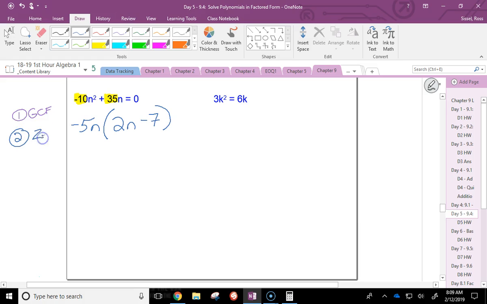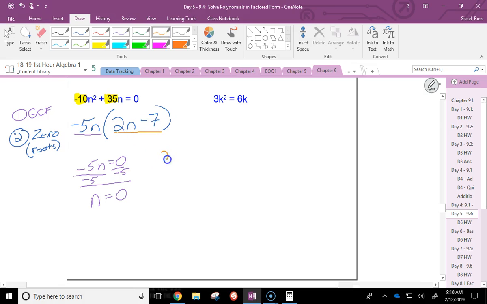We can find the zeros, or the roots, whatever we want to call them. We will do so by taking negative 5n, and it equals 0. Both negative 5n equals 0, n would have to equal, if I divide by negative 5, 0 over negative 5, that just equals 0.